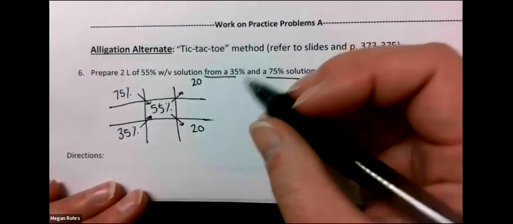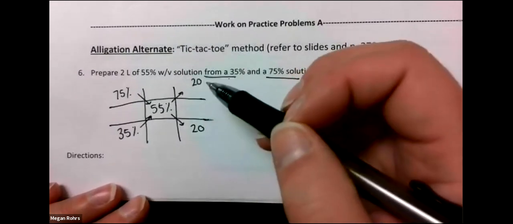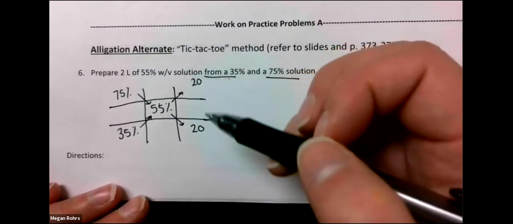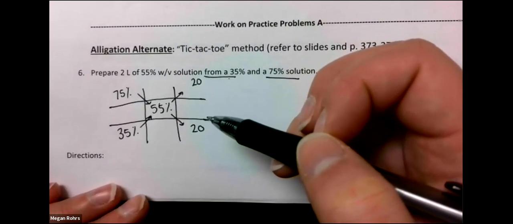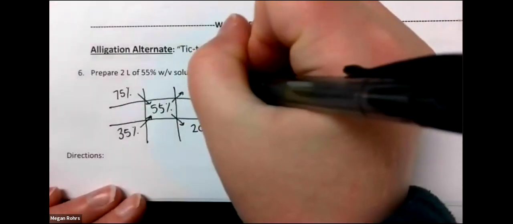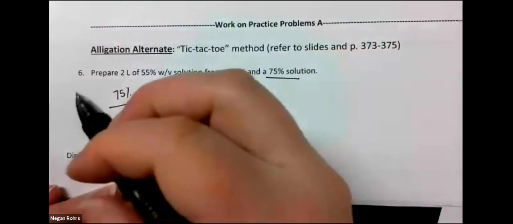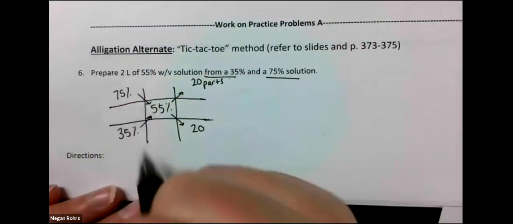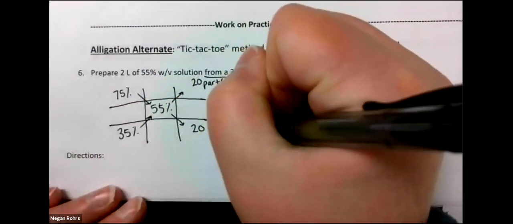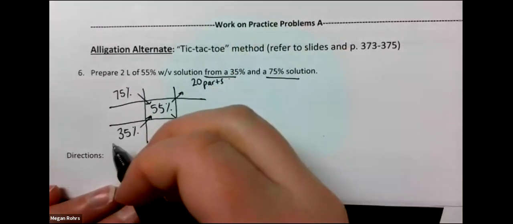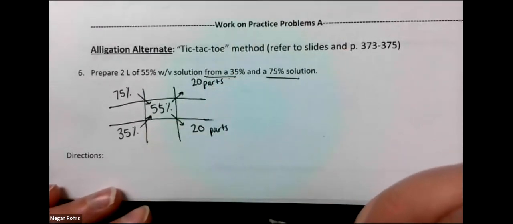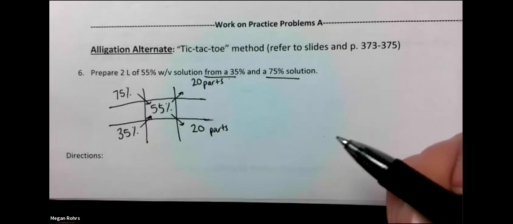So now what we've done is figure out how many parts of each solution we need. We need 20 parts of a 75% solution and 20 parts of a 35% solution. Now, that doesn't really tell us much.